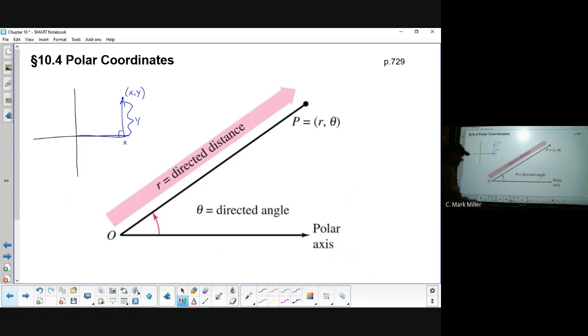So that means this way. You find what angle this is here, we usually call it theta, and we go a certain distance that we call r. That's another way of representing that point: r, theta.